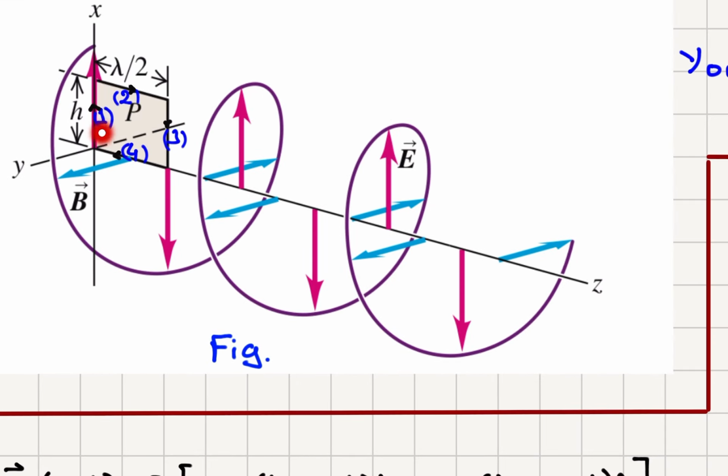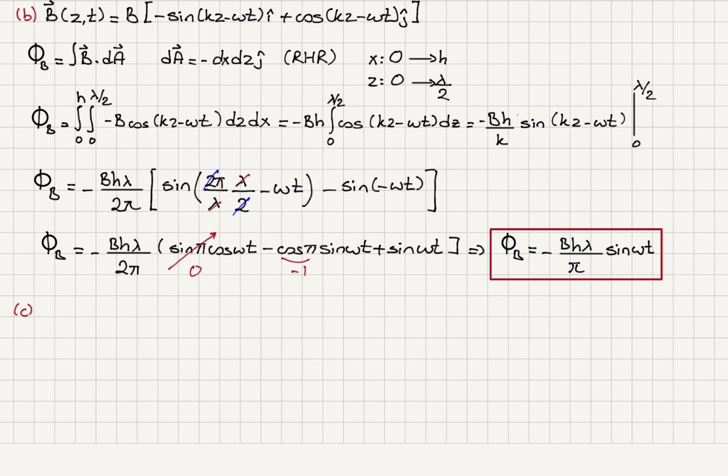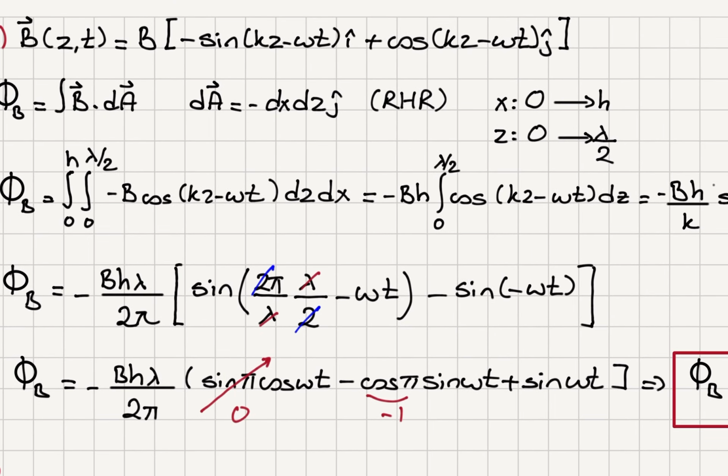As for the magnetic flux through this loop, if I consider this direction of the path that I have taken here, I can basically say that the area vector points in the minus j hat direction with this convention. So the area element is dx dz on the xz plane, and it's in the minus j hat direction. So i hat dot j hat is 0, so this term doesn't give any contribution to the flux calculation, but this gives a contribution: B cosine(kz minus omega t) j hat dot j hat, integral over dx dz. x goes from 0 to h, z goes from 0 to lambda over 2.